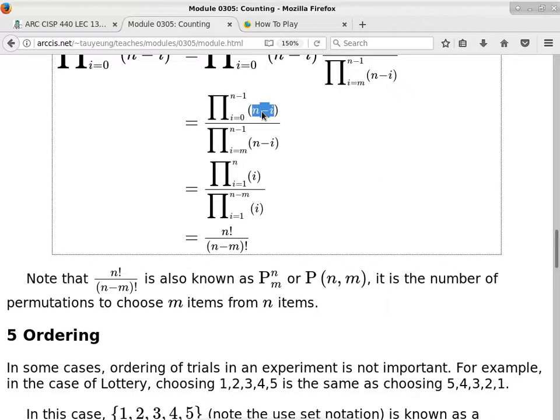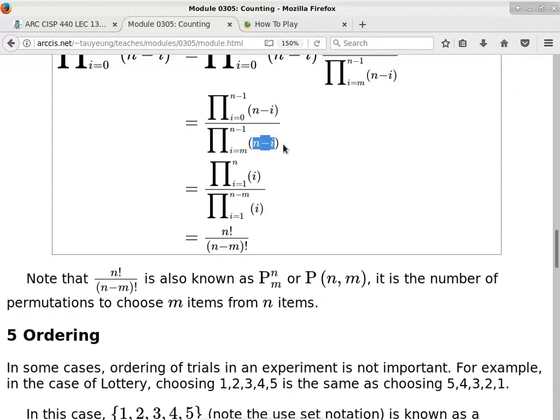Is that okay? So I'm doing the same trick with the denominator. With the denominator, it's a little bit more complex, in a way, but it's not too bad. Because in this one, when you focus on n minus i, what happens when i equals m? Well, when i equals m, n minus i is just n minus m.